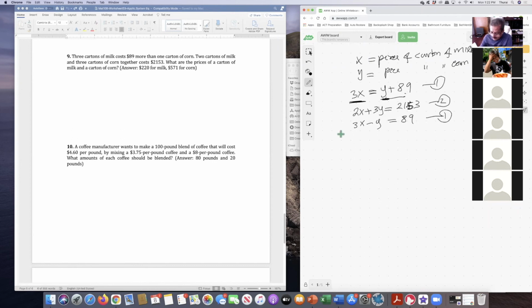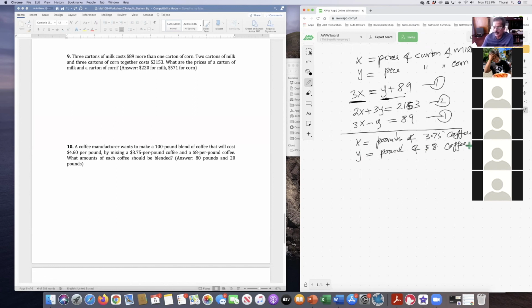So we can introduce the names x and y. x will be the pounds of the coffee that sells at $3.75. y is the pounds of the second coffee that normally sells at $8 a pound. That's what we are mixing. And our mixture should be 100 pounds.